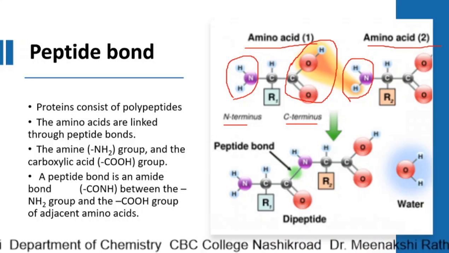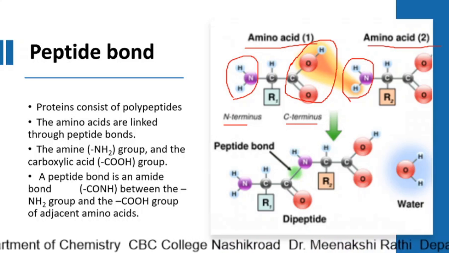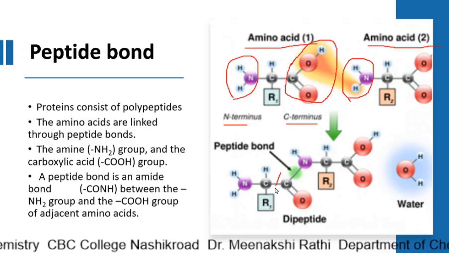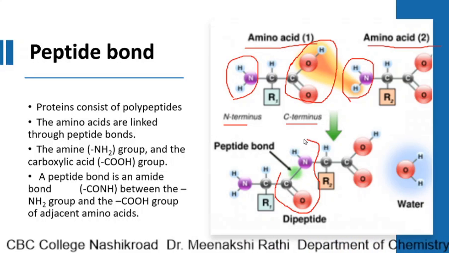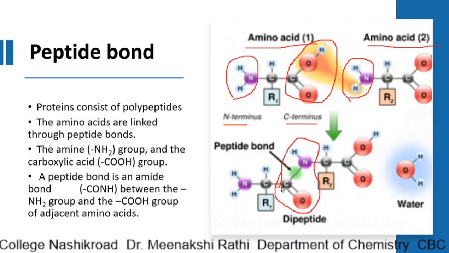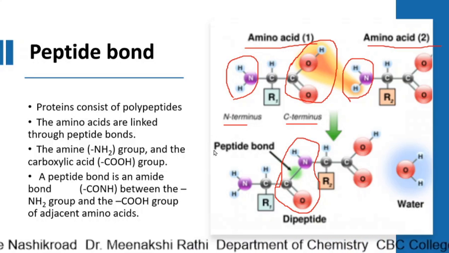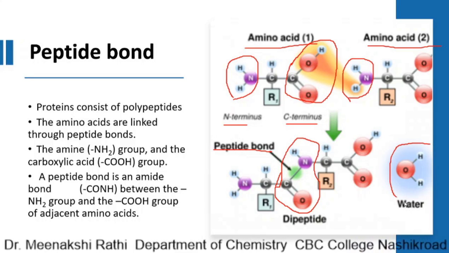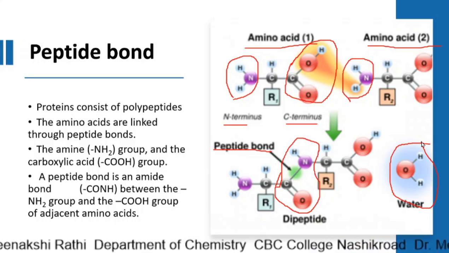A water molecule is eliminated here and there is a formation of bond between carboxyl group and amino group, that is a CONH linkage is formed, which is called as peptide bond, and here there is a removal of water molecule.